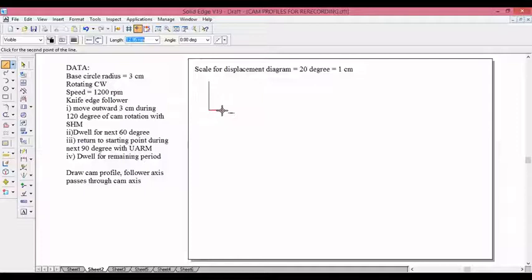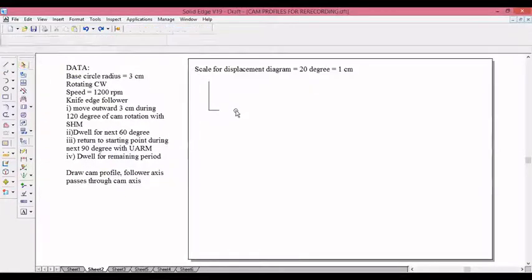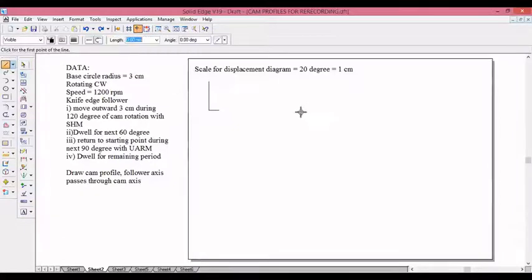And that 6 centimeter we will divide into 6 equal parts. For every 1 centimeter, you put a mark, and take totally 6 centimeters.